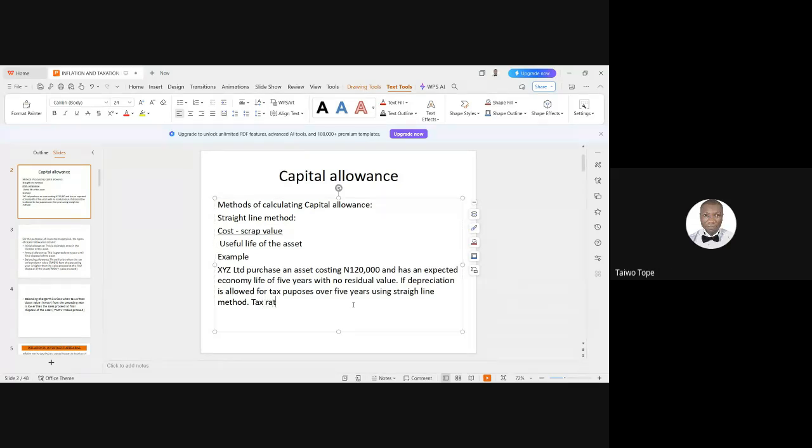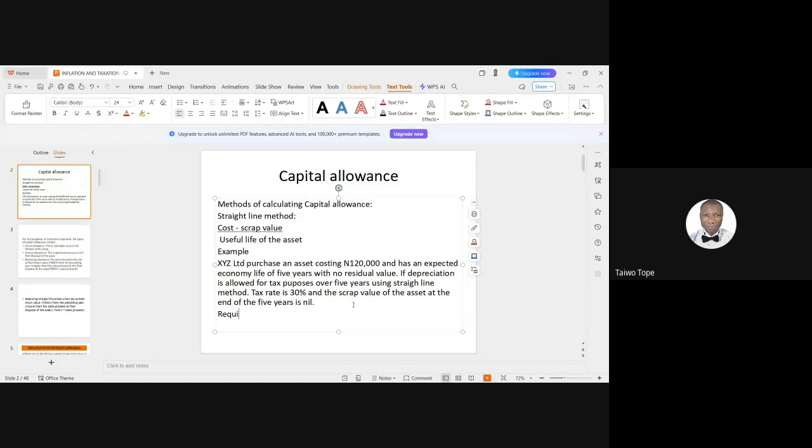Tax rate is 30%, and the scrap value of the assets at the end of the 5 years is nil.